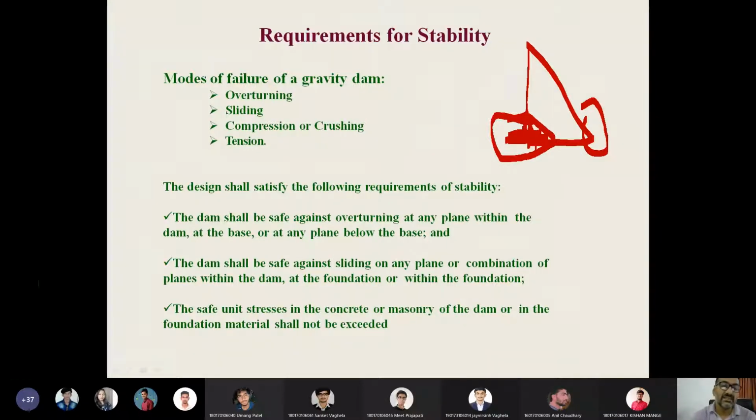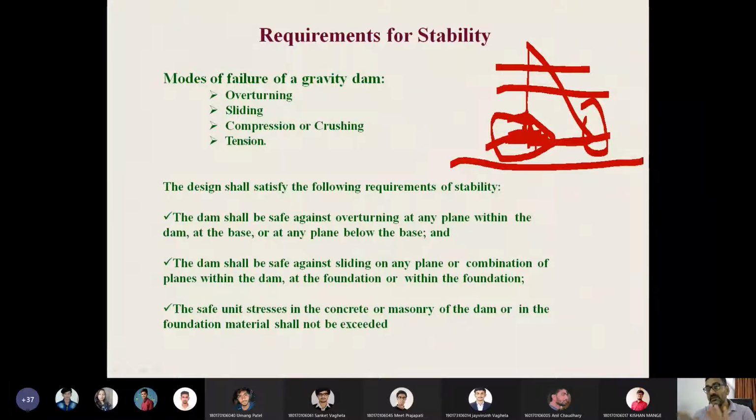The IS code says that the dam shall be safe against overturning at any plane. What is a plane? A horizontal plane. This plane is say 10 meters below the top height, this is 20 meters, and so on. So any plane, even at the foundation and in the foundation. In the foundation means what? Say we started concreting on igneous or impervious rock foundation.